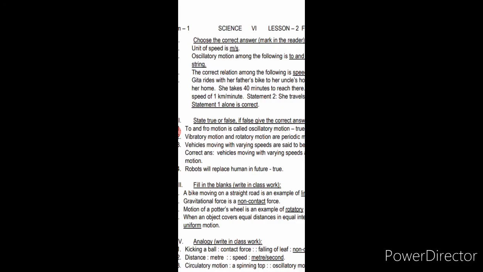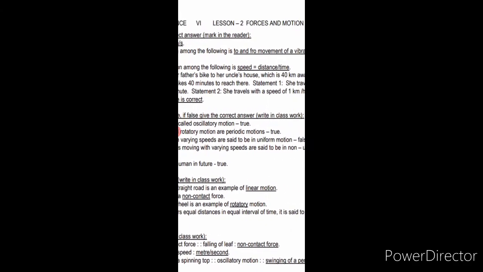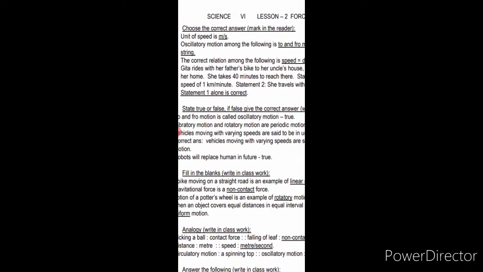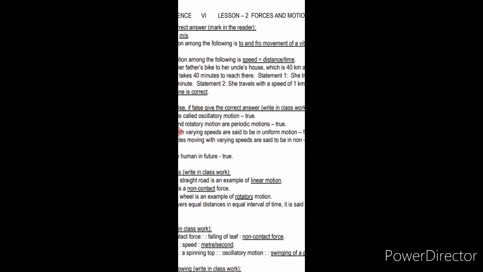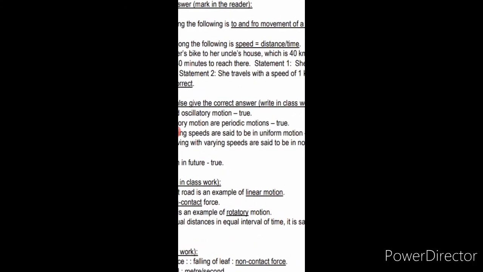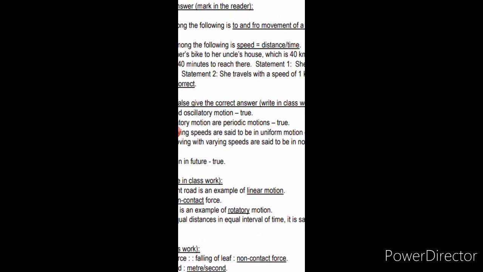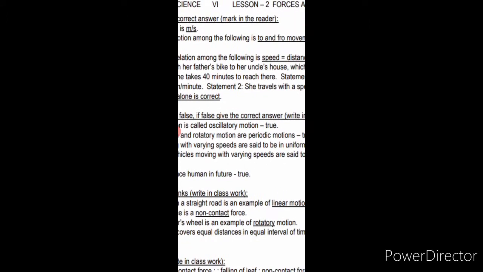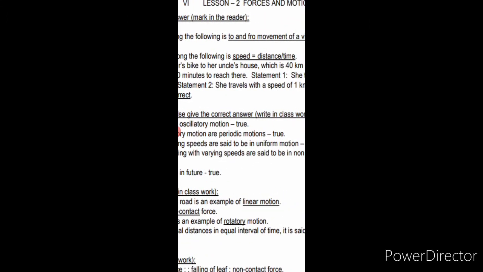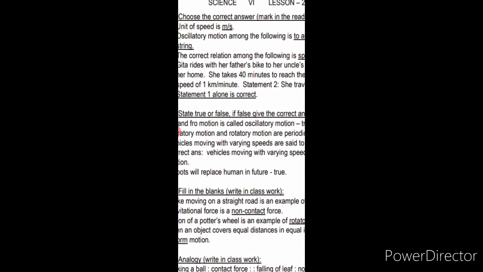Third one, the correct relation among the following is speed is equal to distance by time taken. That is option B. The correct relation among the following is speed is equal to distance by time.